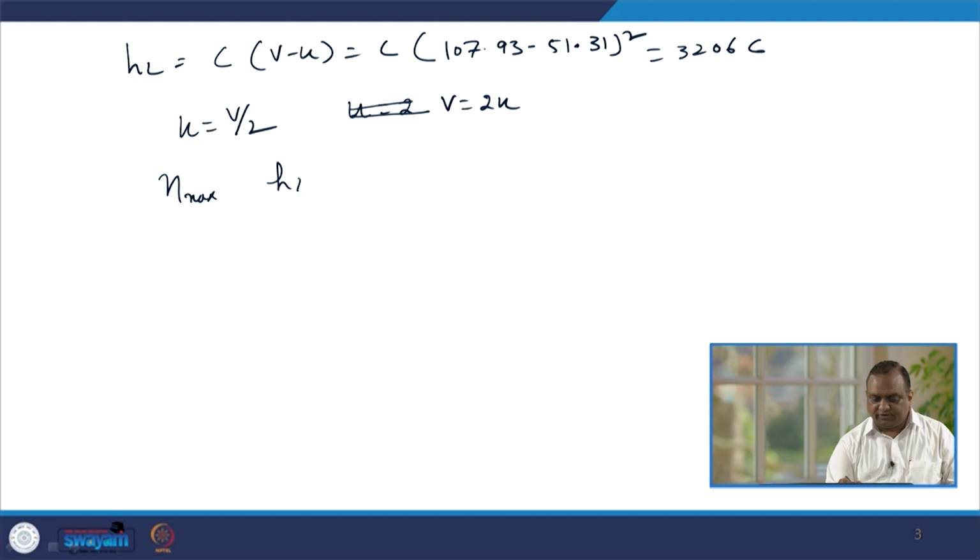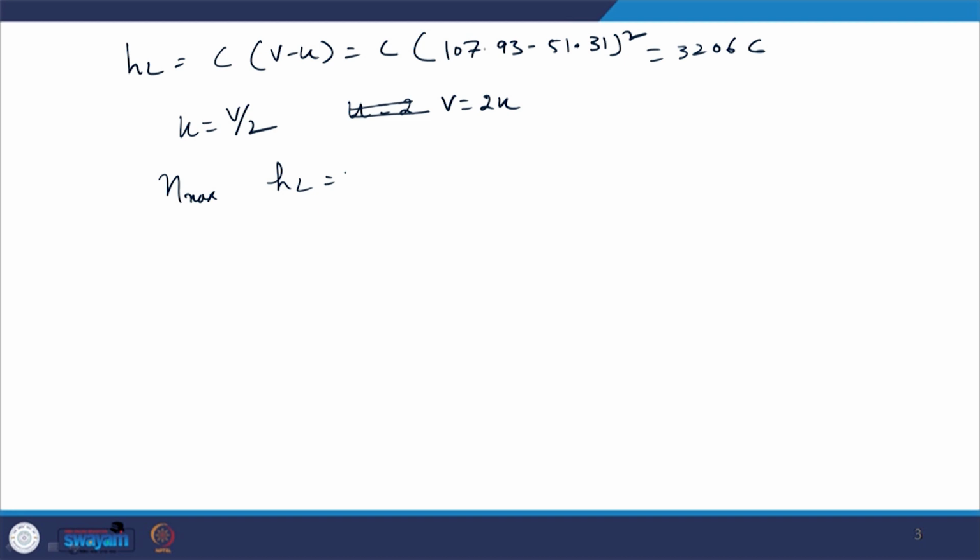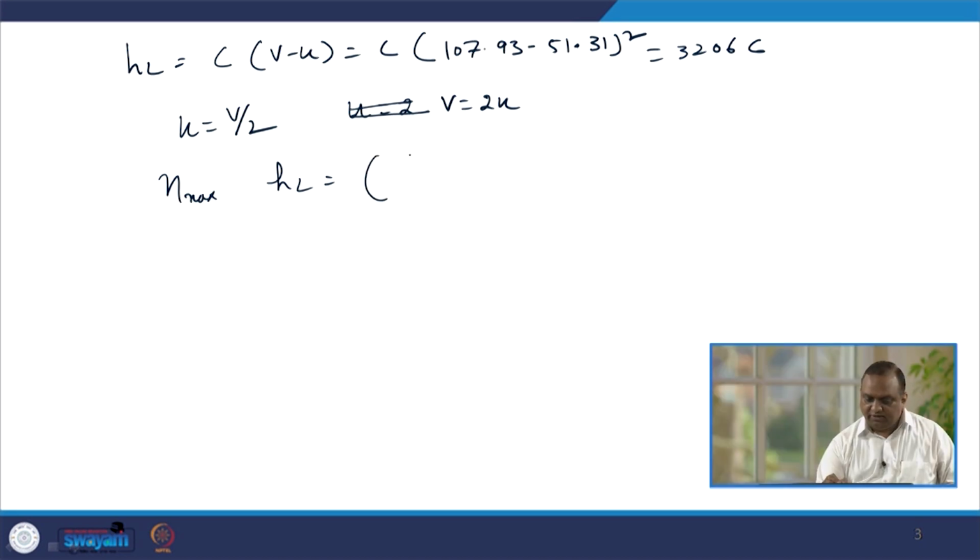Now, away from this, suppose we want to have maximum efficiency, what is going to be the head loss? Because in the last part of this question it is asked, determine the best speed for this head and discharge, right. So, head loss for the maximum efficiency is going to be C (2U minus U) whole square, which is equal to C U square.